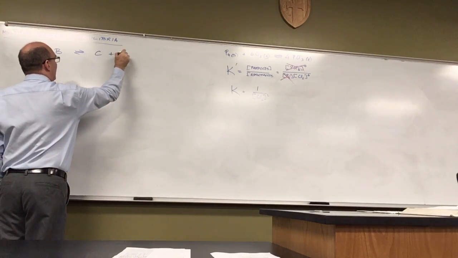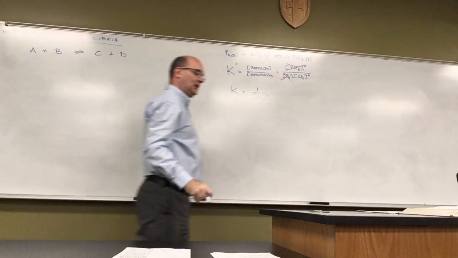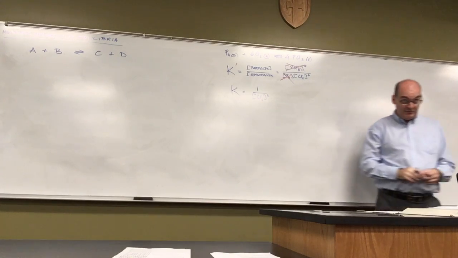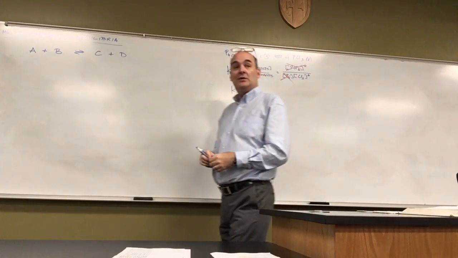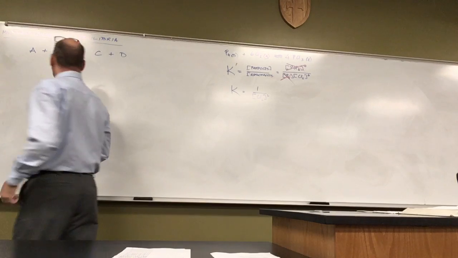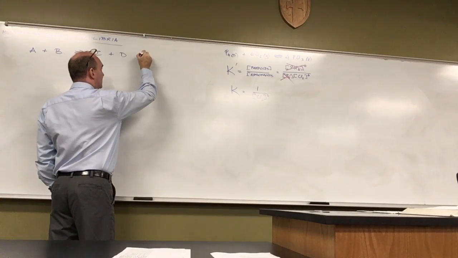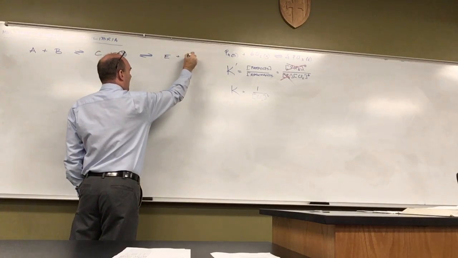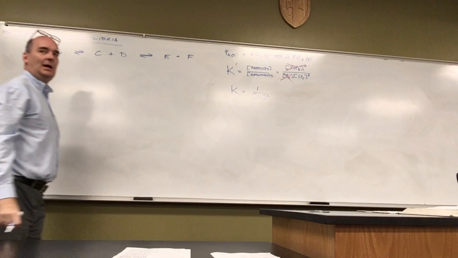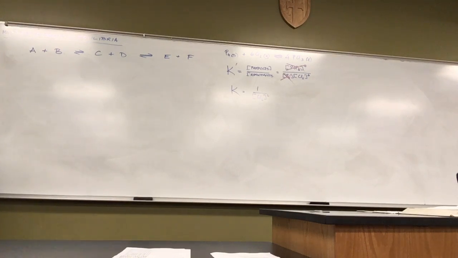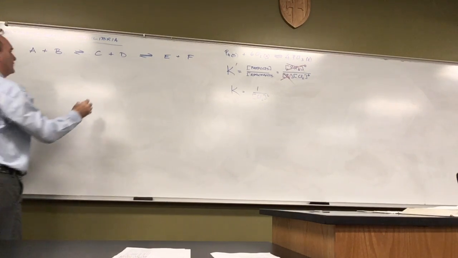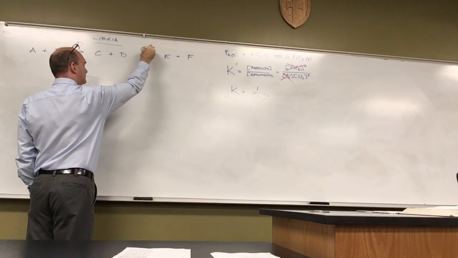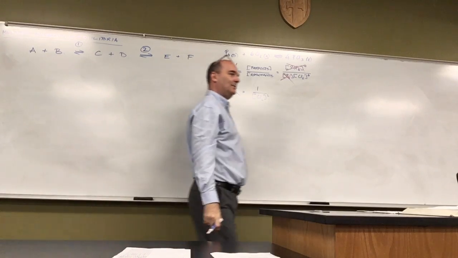A and B are going to combine to make C and D. But C and D actually have an affinity for one another, and they themselves are going to combine and make E and F. So I have two steps right here.